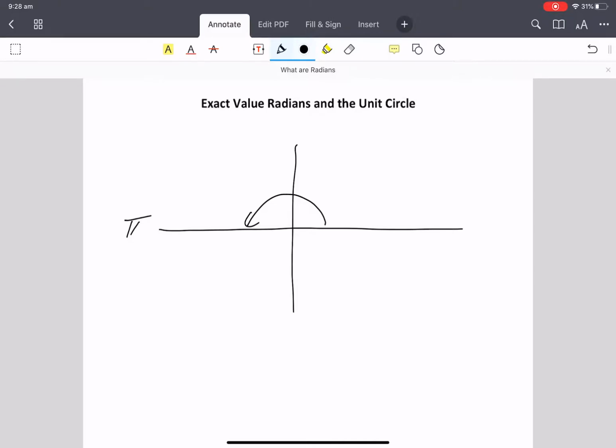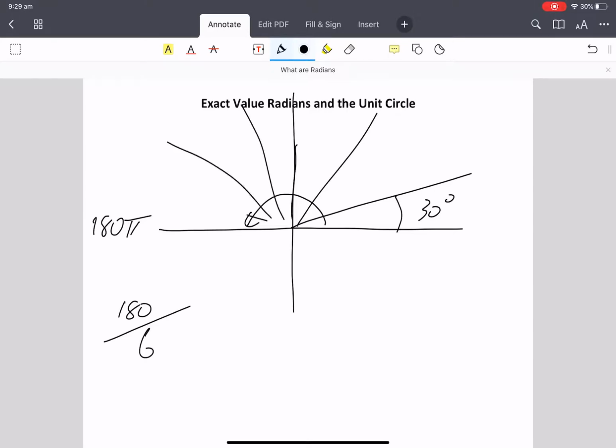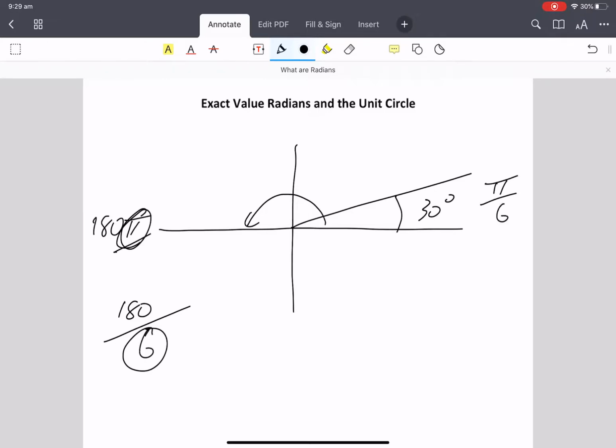If I am looking for 30 degrees, then that's also 180. 30 degrees is 180, and I'm cutting it up into 6 different chunks because there are 6 lots of 30 degrees in 180. So I'm cutting pi up into lots of little chunks. So it's actually going to be pi on 6 chunks. It's only one of those chunks, so it's pi on 6.